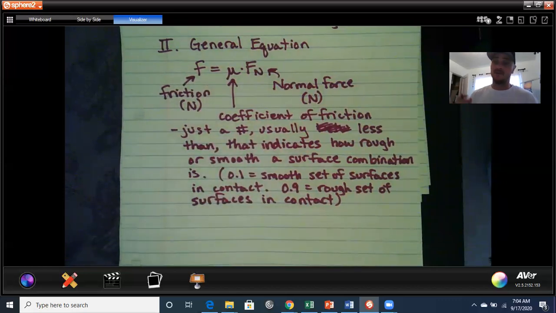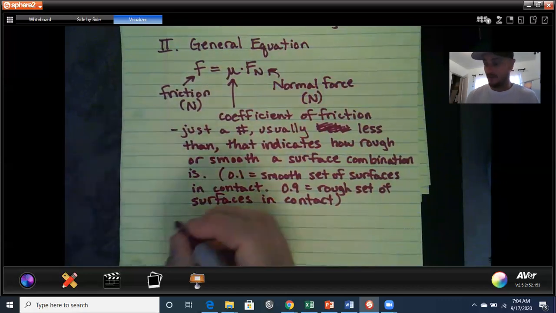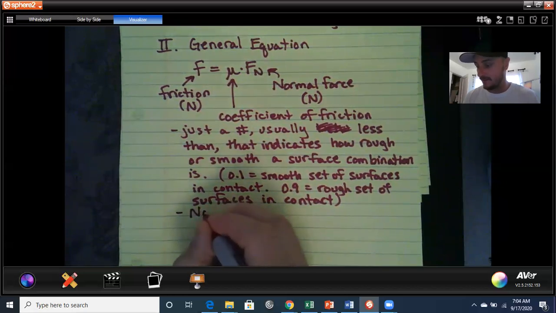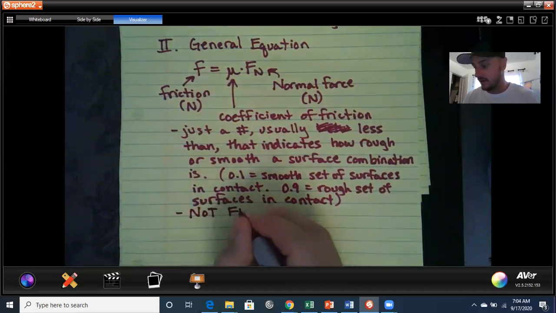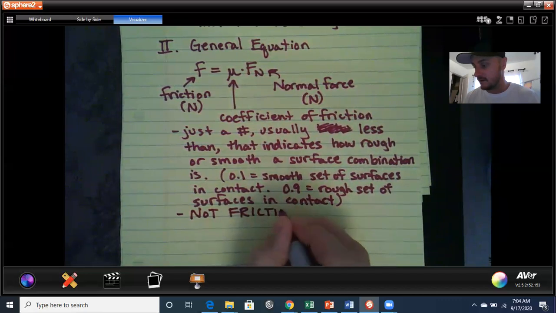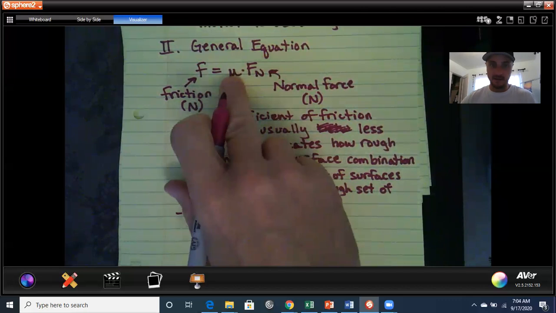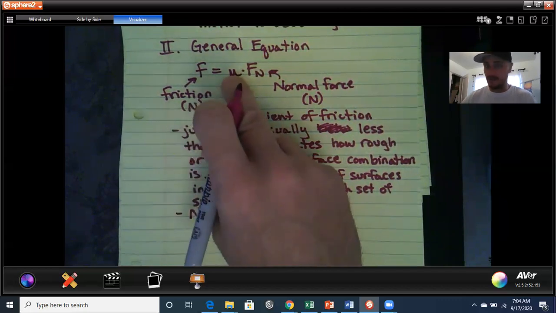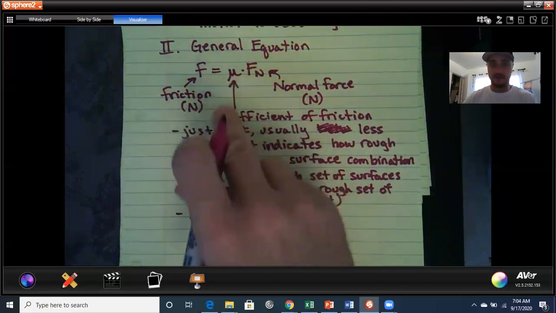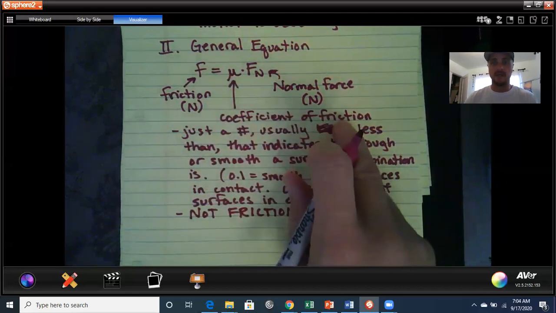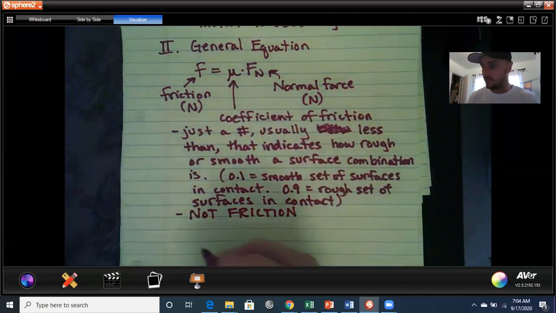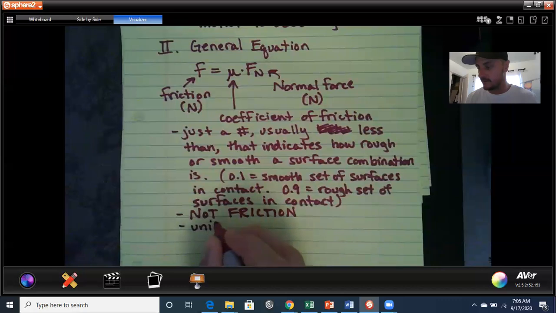There's one thing that we don't have to say that I want to say: not friction. When people are first learning this, they start saying that this thing itself is friction. No, it's not. It is not friction itself. It's called the coefficient of friction. And it is a unitless number.